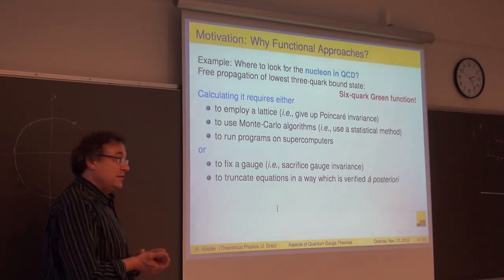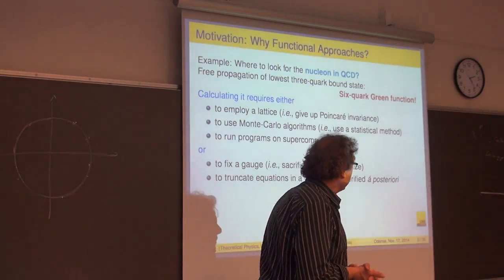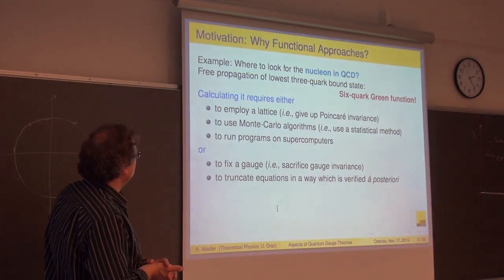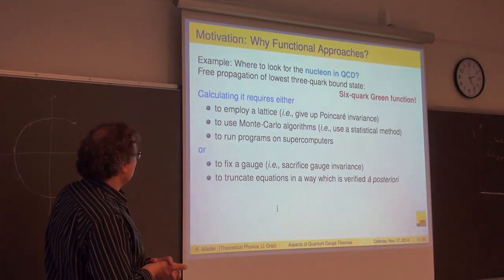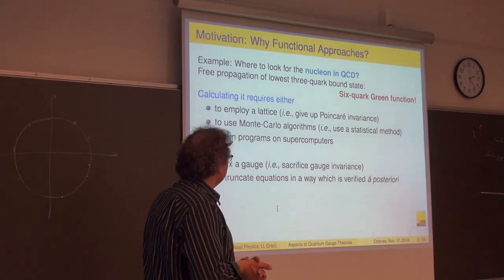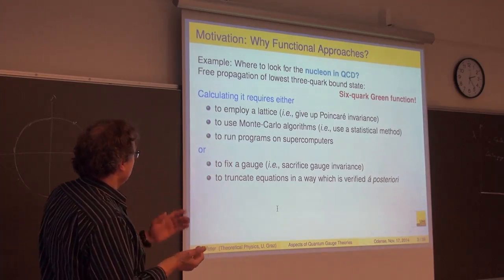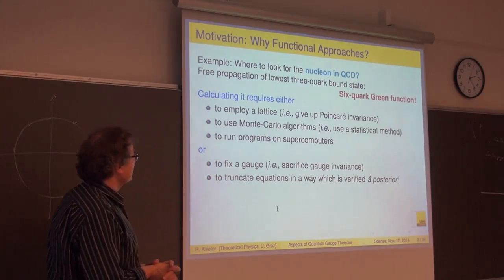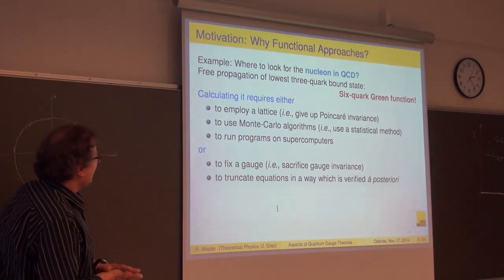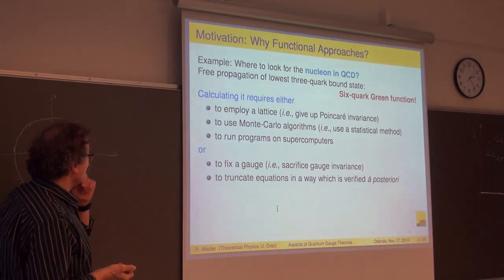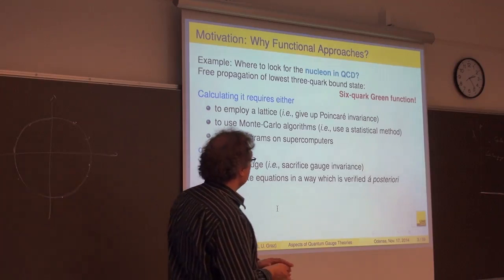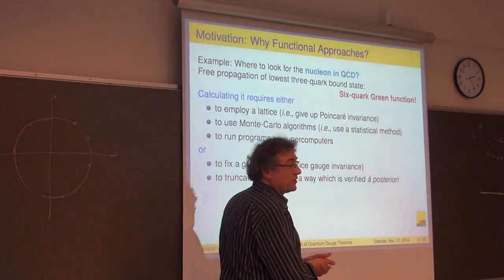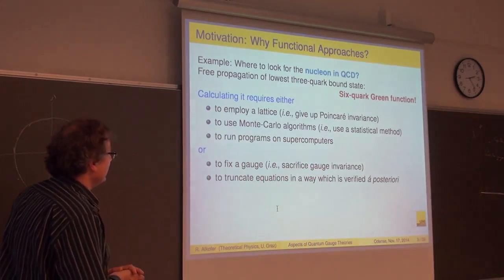Then I guess there is, of course, one direction which is followed by very many people. You give up continuity of space-time, choosing with a lattice a discrete version. Of course, this breaks Lorentz invariance and partially cubic invariance.